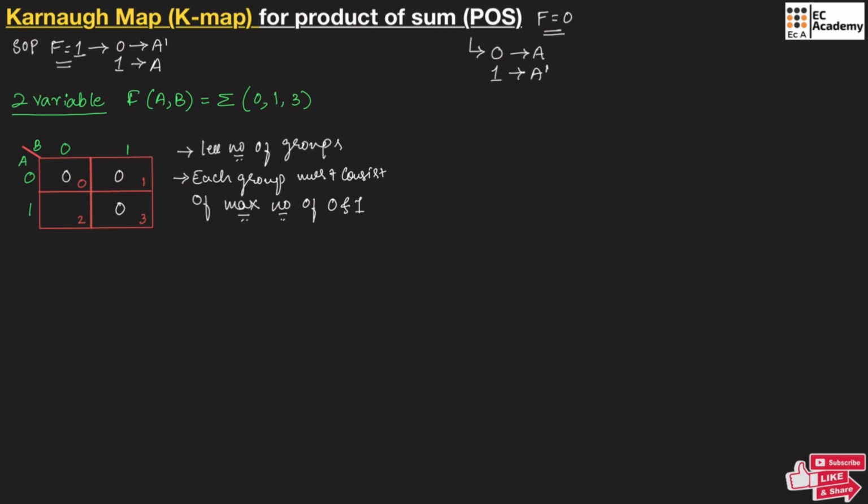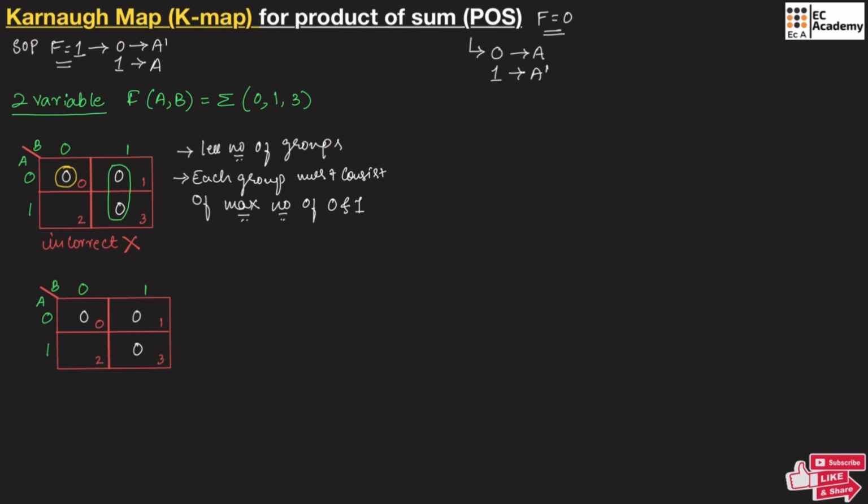In this example, we might group these two ones and group this 0 alone. This is an incorrect way of grouping, because this 0 can be grouped with this 0 and we can make a single group of two zeros. Also, you might group these two zeros and group this 0 as a single variable. That is also an incorrect way of grouping.